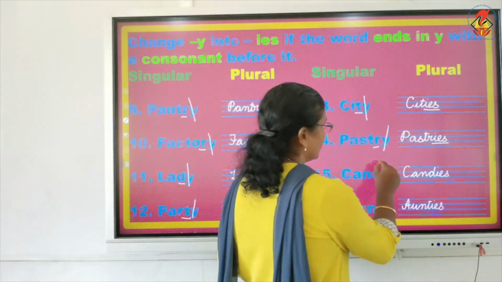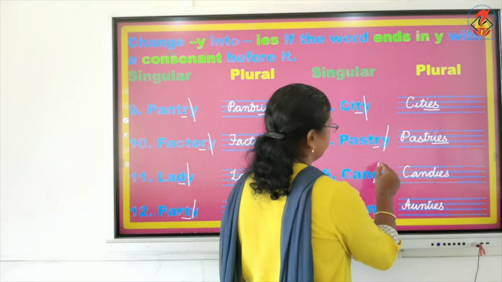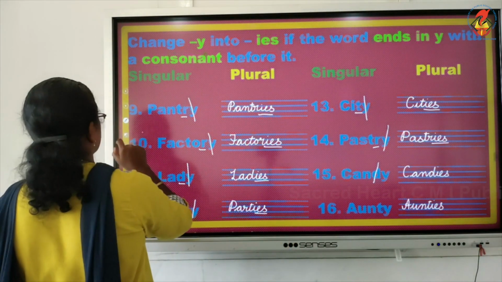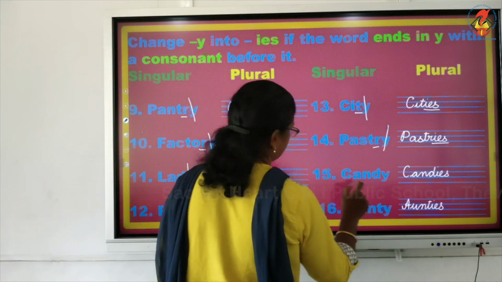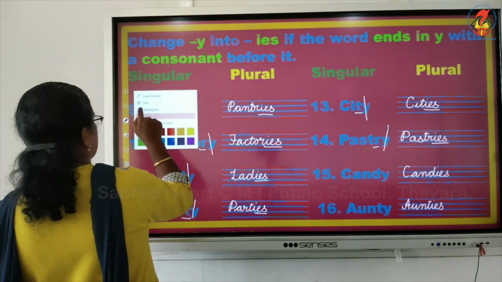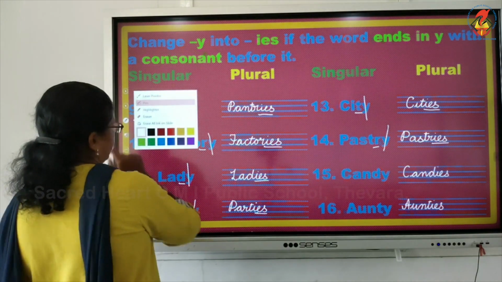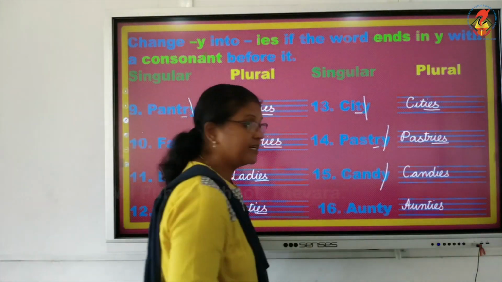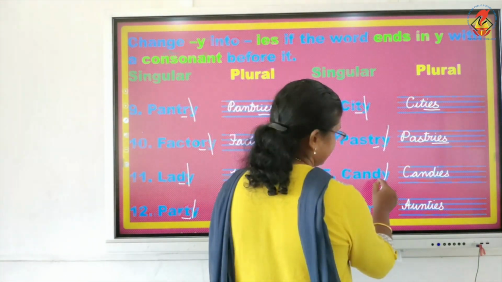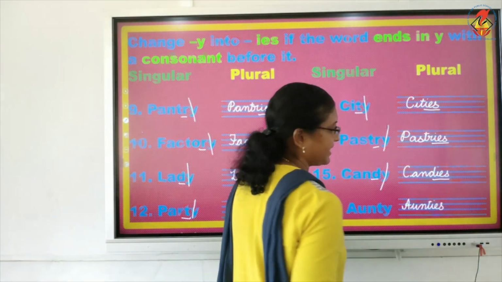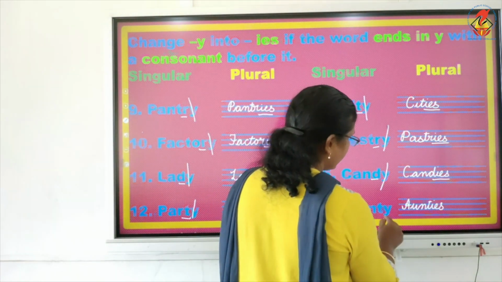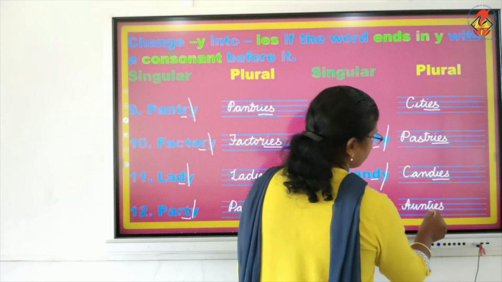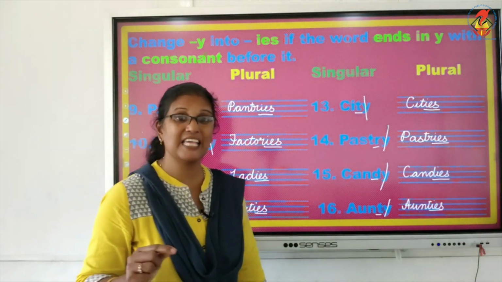Coming to candy, you will cut Y because there is a consonant before it and write candies, I-E-S. Then you have auntie, you will cut Y because there is a consonant before it and write I-E-S.